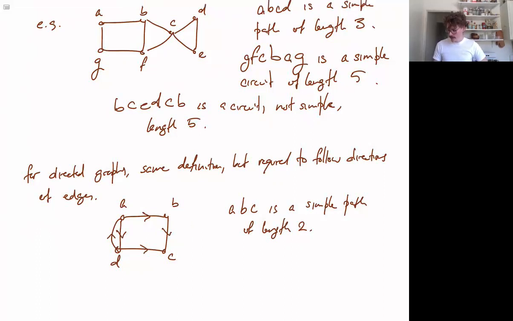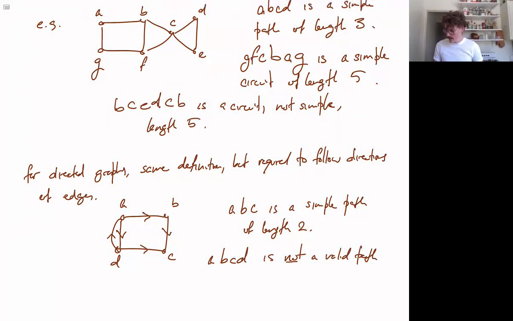But for example, ABCD is not a valid path because this edge we have traversed in the opposite direction of the direction on the edge, and that is not allowed.